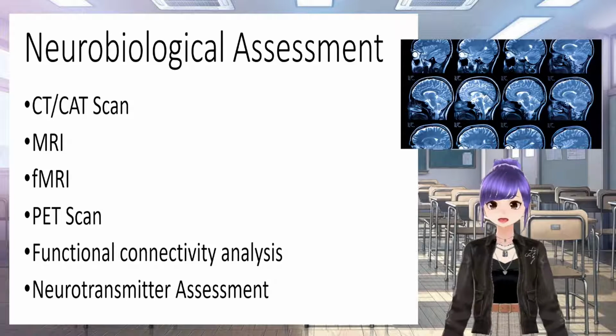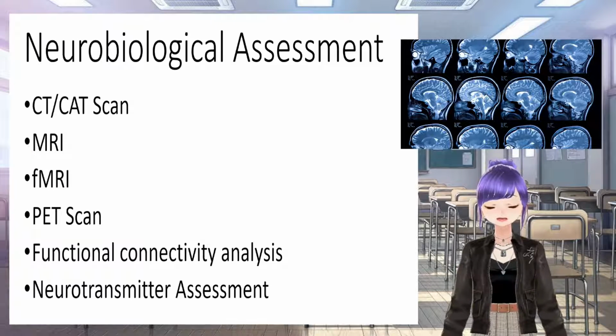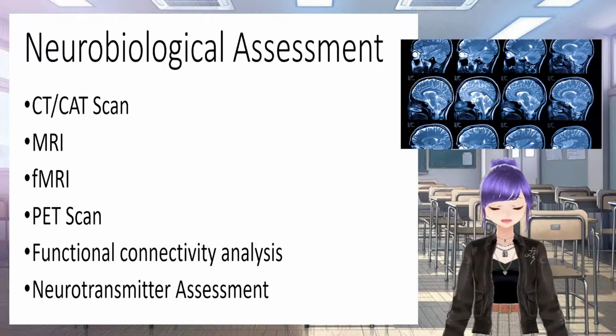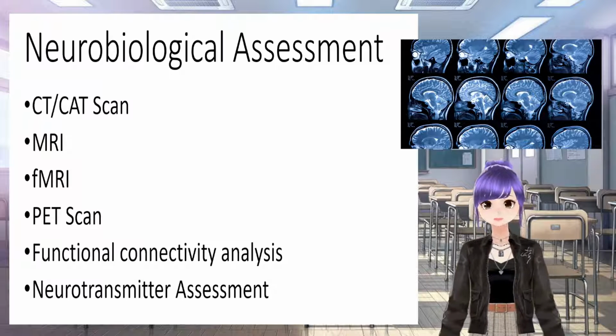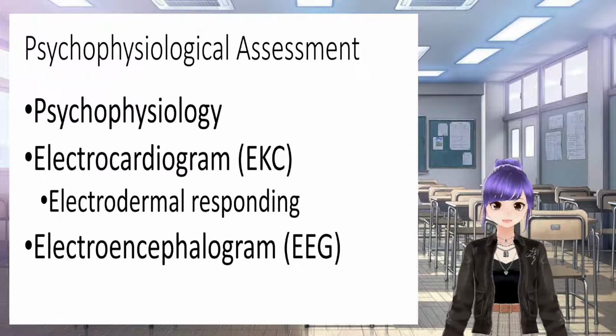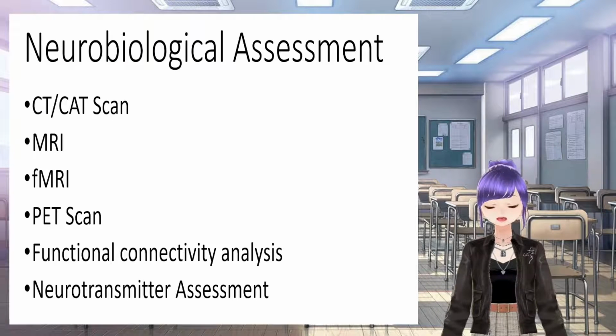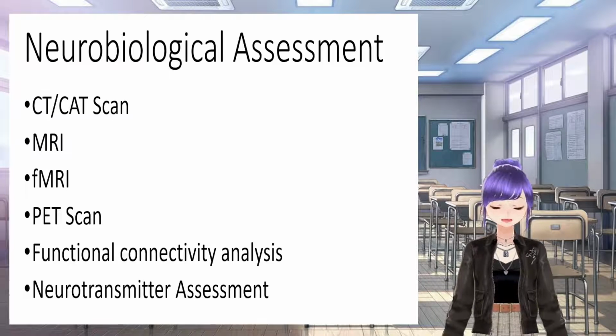The MRI, or magnetic resonance imaging, produces pictures of higher quality than the CT scan and does not rely on radiation. The person is placed inside a large magnet that causes the atoms of the body to move. Last is the fMRI, or functional MRI, which allows researchers to measure brain structures and function.